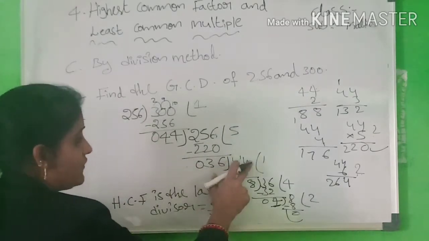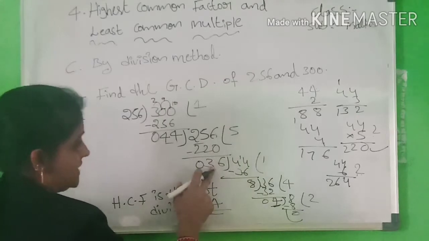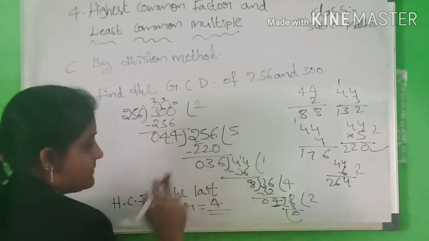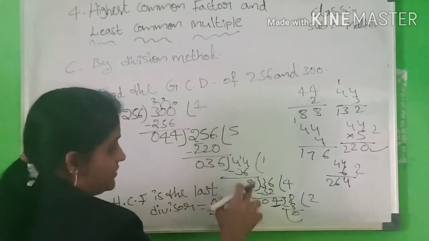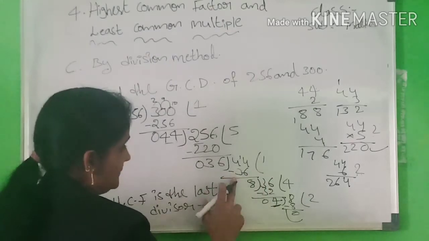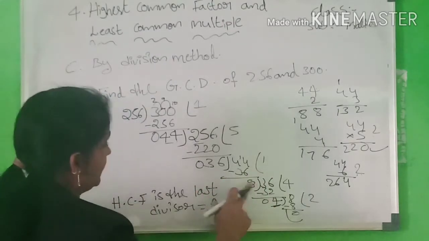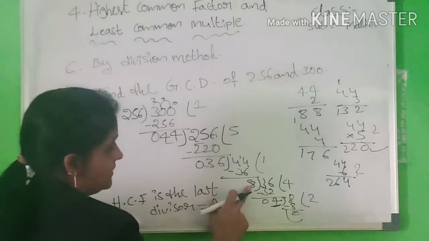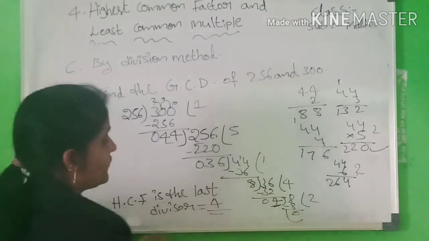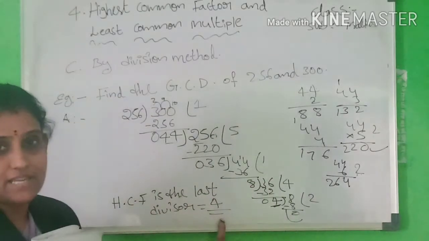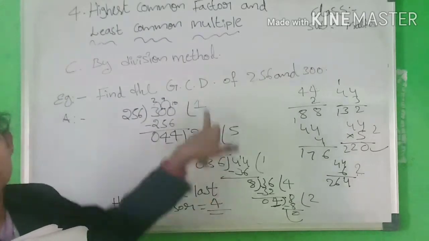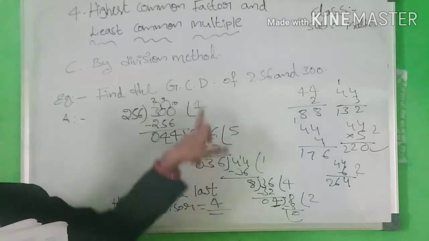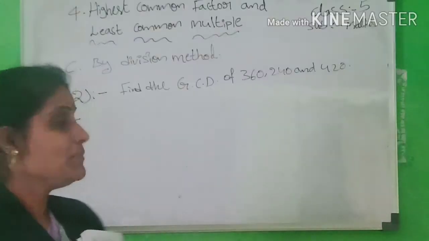Divide 44 by 36, and we get remainder 8. Next divide 36 by 8, and we get 4. 4 is the last divisor, the HCF. Okay, children, what is the HCF? 4. Note this one.